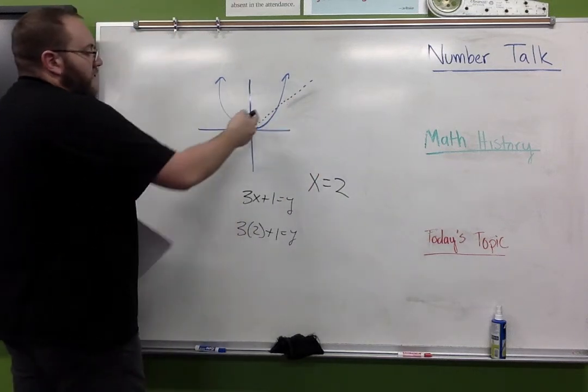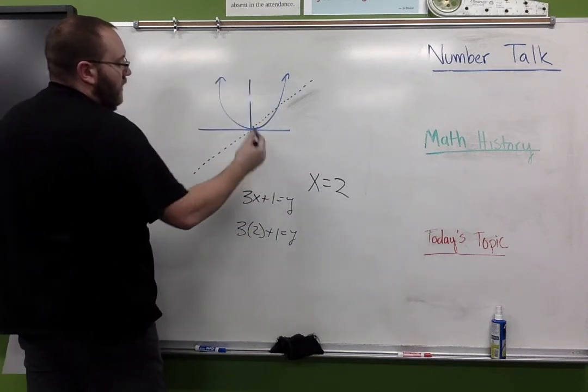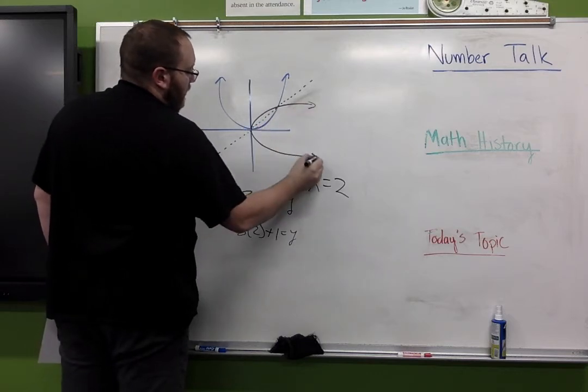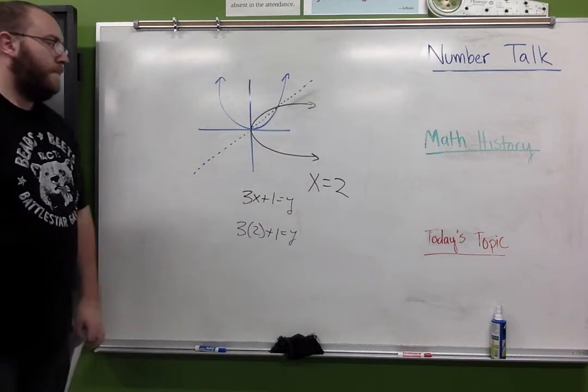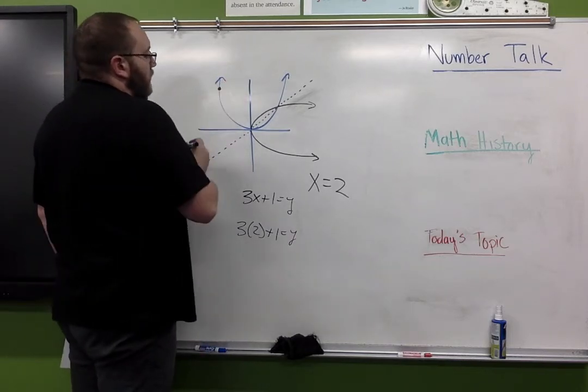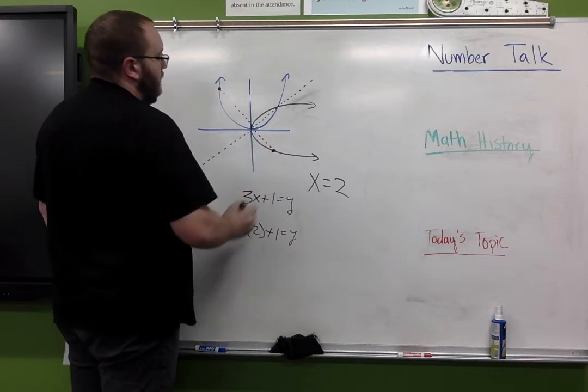So if I reflect this graph, okay, I'm going to take everything and reflect it over. And what I end up getting is that. Okay, so every single point here, this point reflected over to this point.